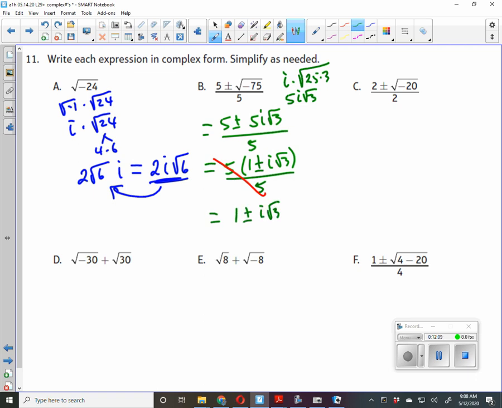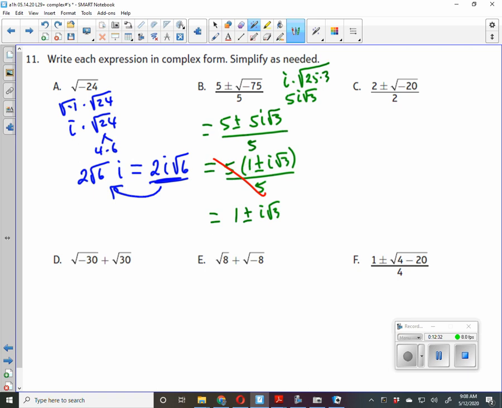Now take a close look at this, because the common mistake here is to cancel only one of these or cancel both, and then not have that 1 there at all. That is not correct. Factor that 5 out. Make sure that there's a 1 in its place, right?